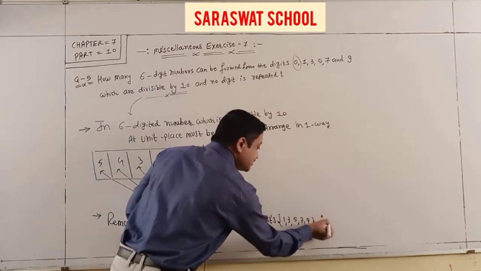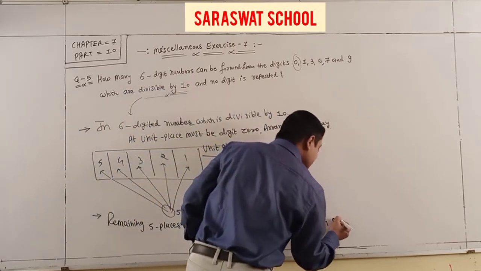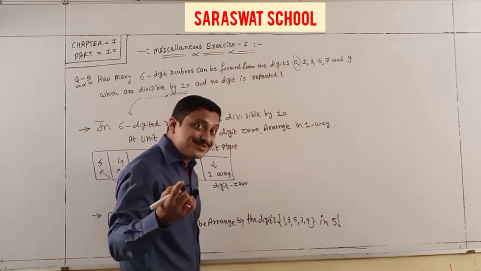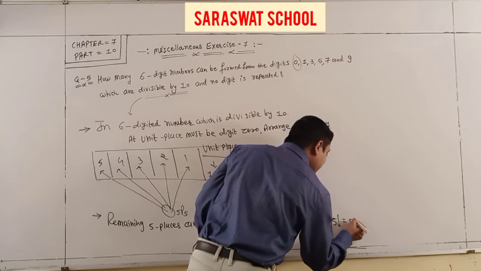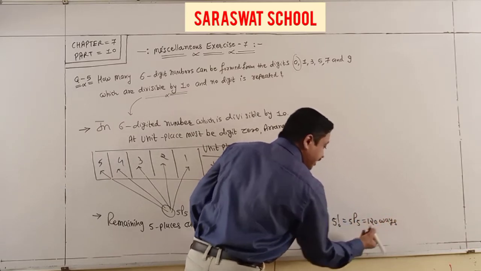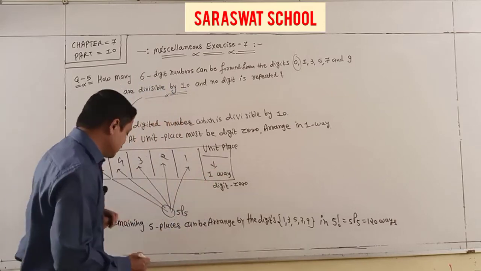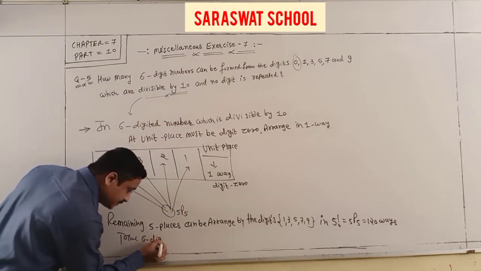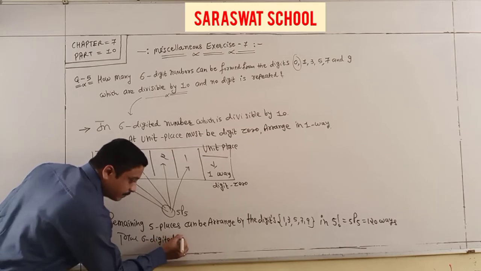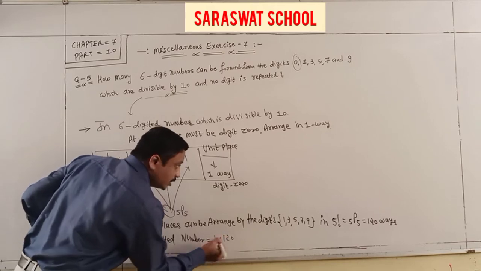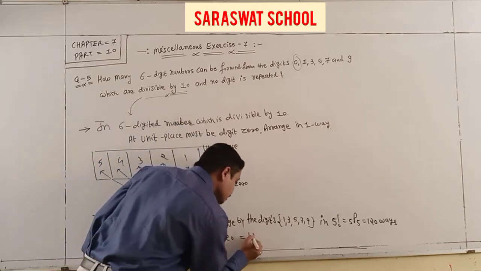In how many ways? 5 factorial, 5, 4, 3, 2, 1. You can also write 5 factorial, which is 120 ways. Finally, 1 into 120. So the total 6-digit numbers are 1 into 120, which is 120 numbers.